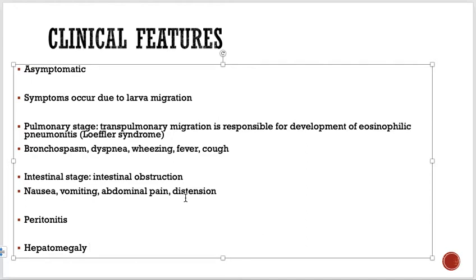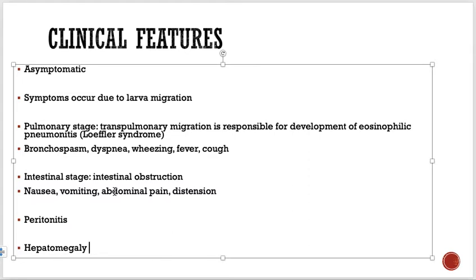So these are the clinical features. Now, guys, the children who have too many worms in their intestine, I told you from where they take their feed. They take their feed from the food you eat, right? So that's why the children who have this infection have impaired digestion and impaired absorption of proteins. So the children present with stunted growth and developmental problems, right?